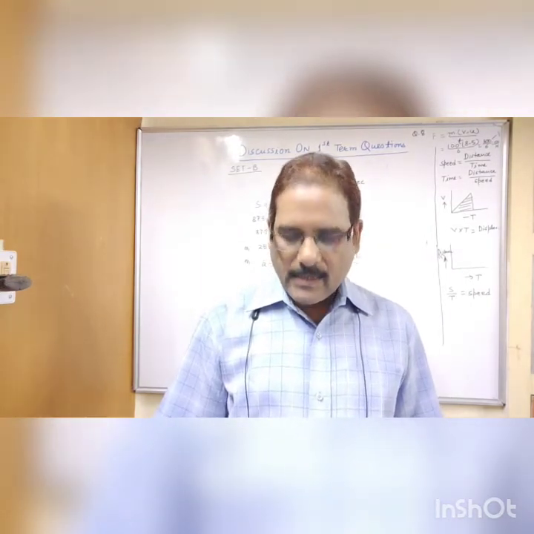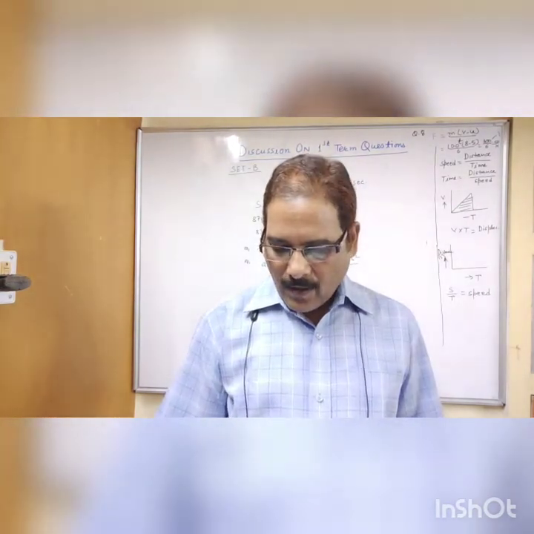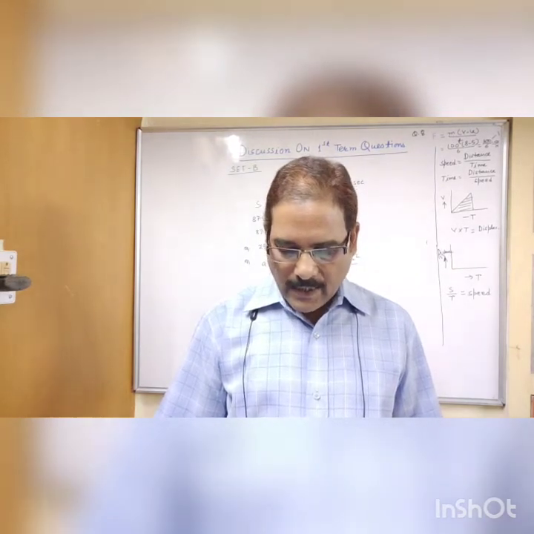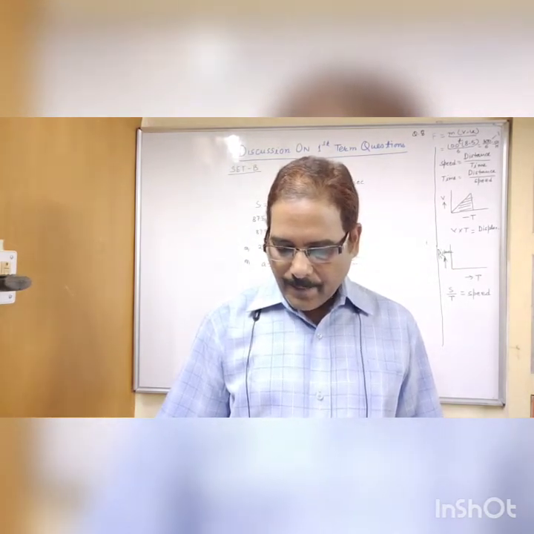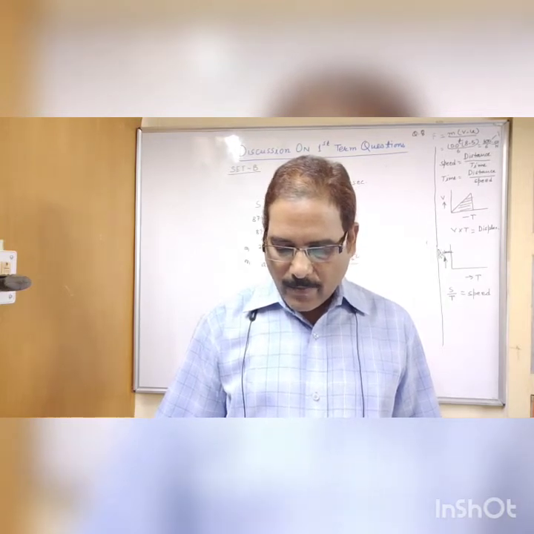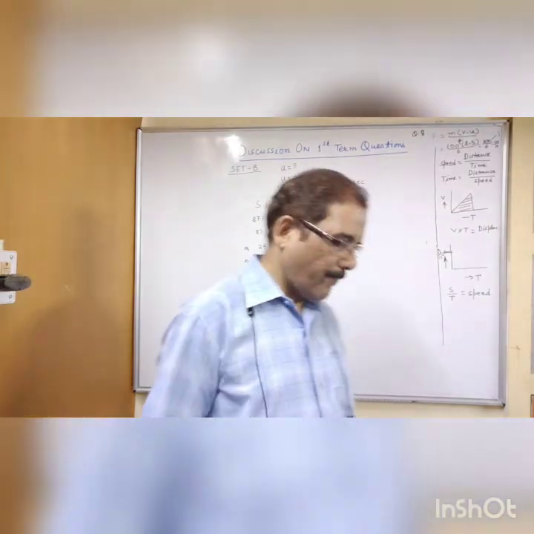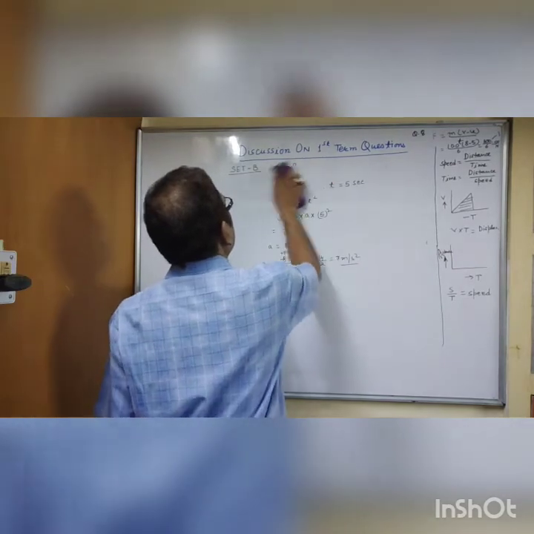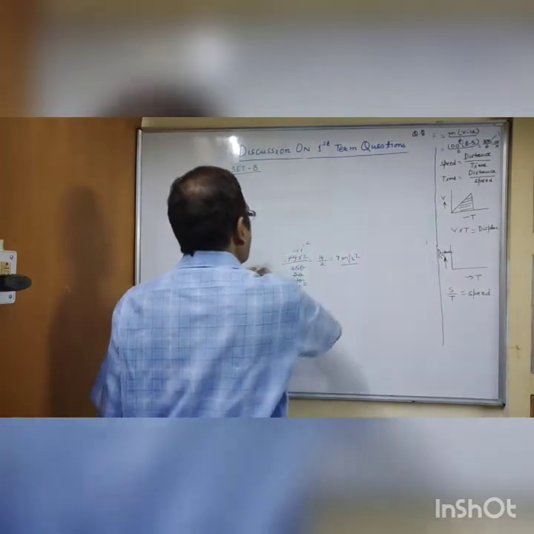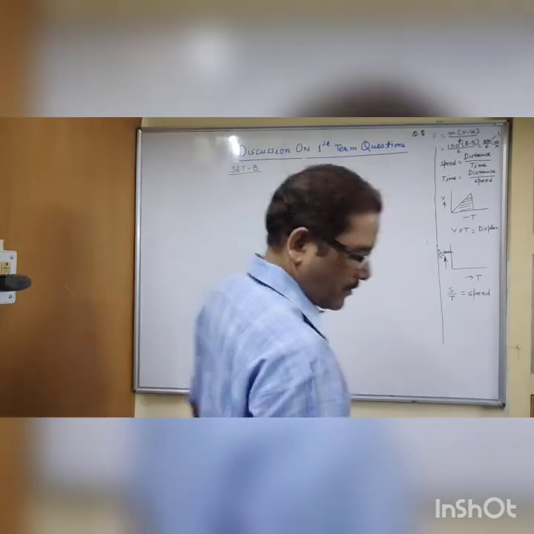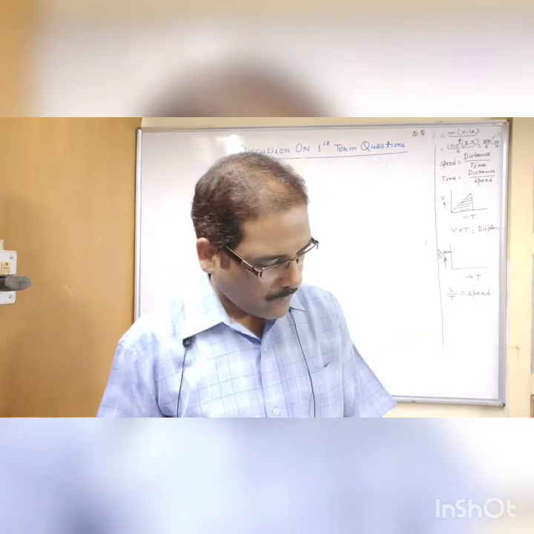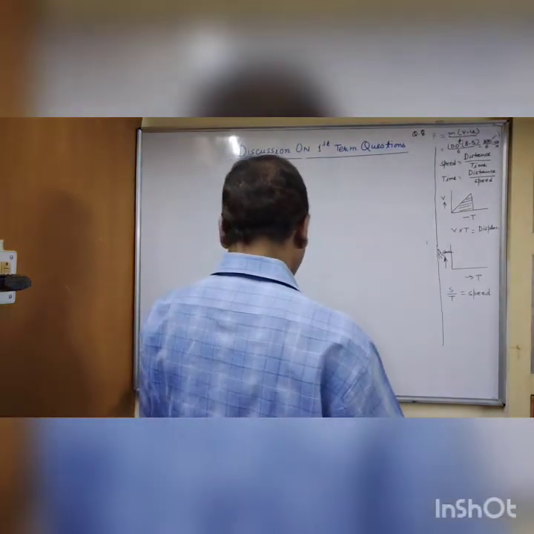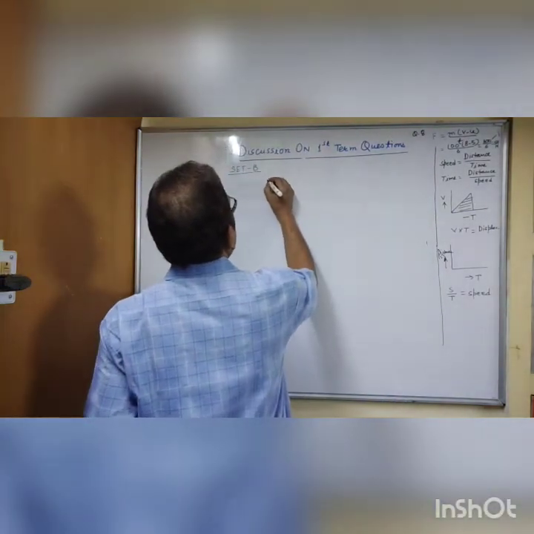Then third question is the velocity time graph for a part of a train journey is a horizontal straight line. What does this tell you about the train velocity and about its acceleration? Okay, so let us discuss this question. Suppose there is a velocity time graph.